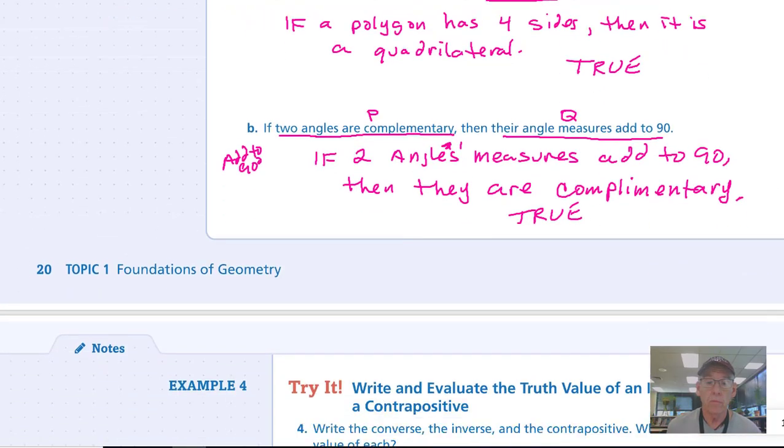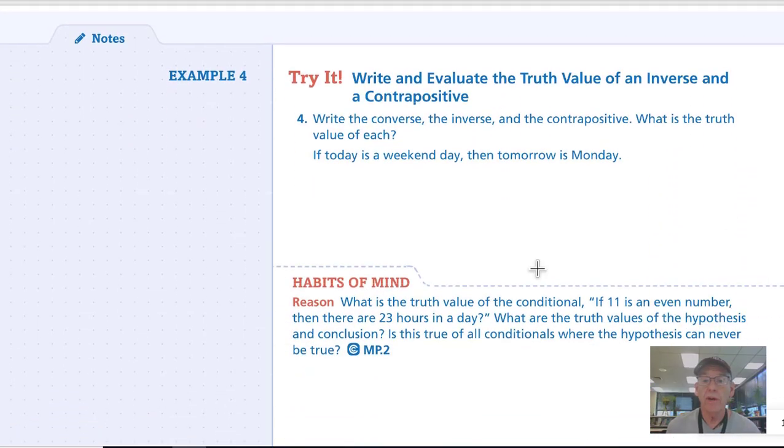Let's move on. Example 4, write and evaluate the truth value of an inverse and a contrapositive. So write the converse, the inverse, and the contrapositive. What's the truth value of each? So if today is a weekend day, that's the hypothesis. Then tomorrow is Monday, that's the conclusion. We want to write the converse.